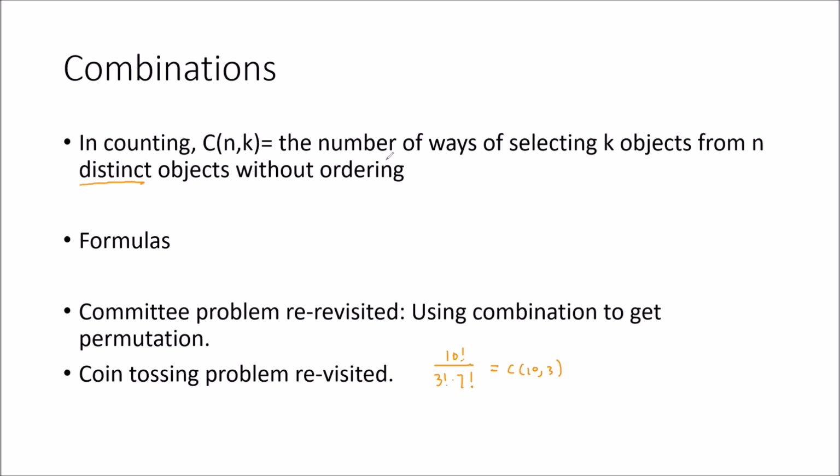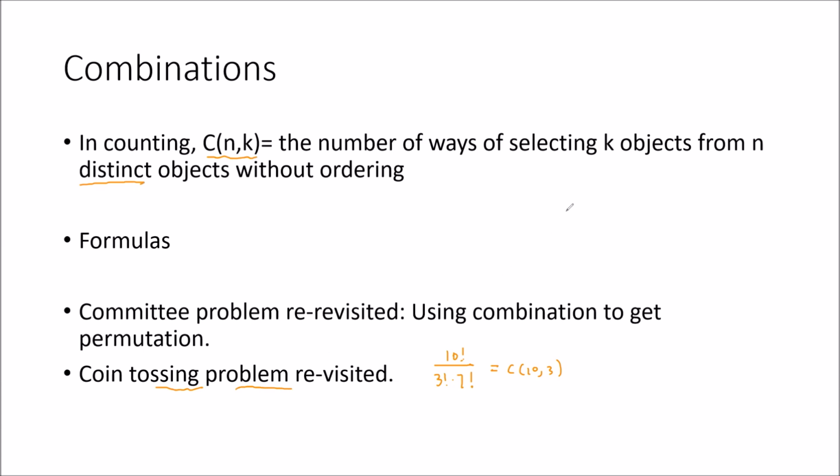So let's make an argument from the meaning of C(n, k), which is the number of ways of selecting k objects from n distinct objects without ordering. For the coin tossing, we came up with this formula from a Tallahassee type of argument, assuming different, then deordering them.